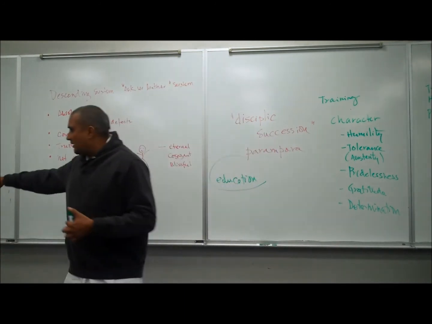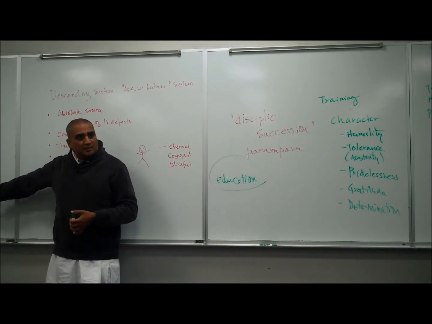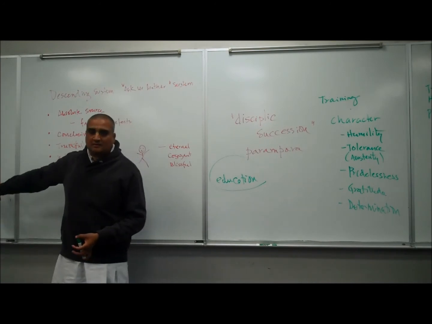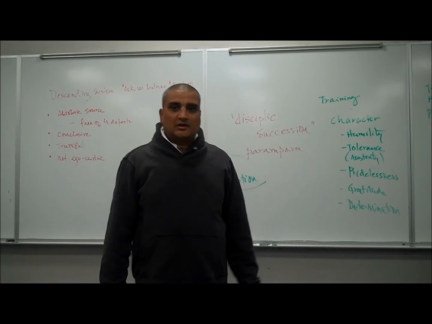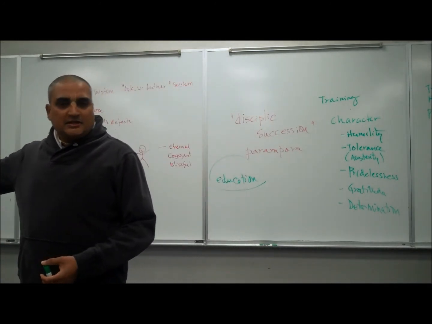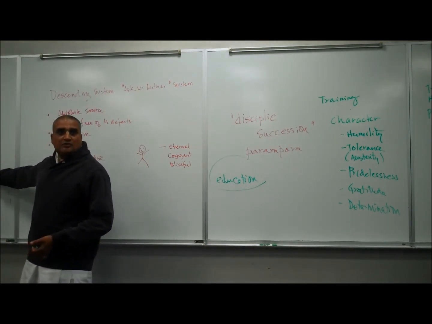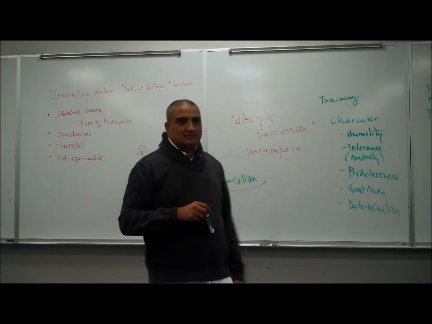In this world, there are many so-called great persons. But their life doesn't reflect the actual greatness. They're great in this, but really lacking in true qualities. Someone may be a very good speaker, orator. They may be very accomplished in their field of knowledge. But the core of who they are, very questionable.